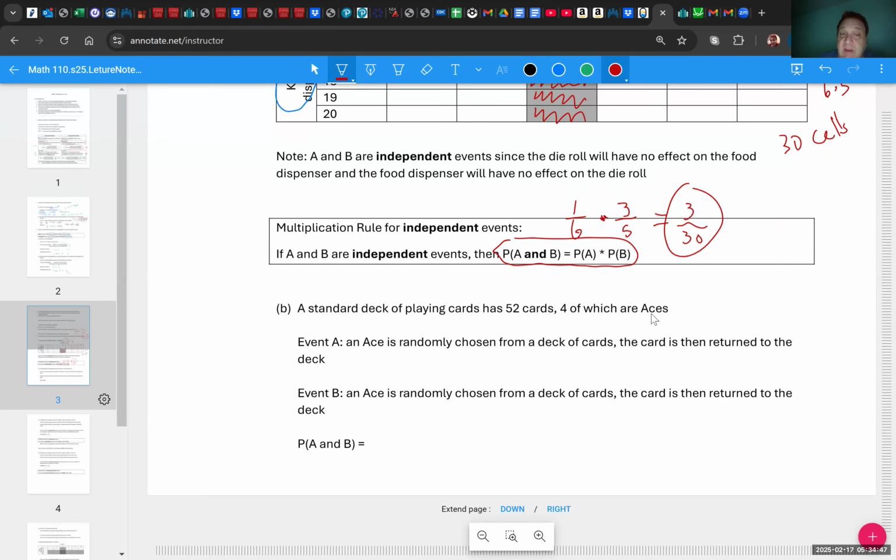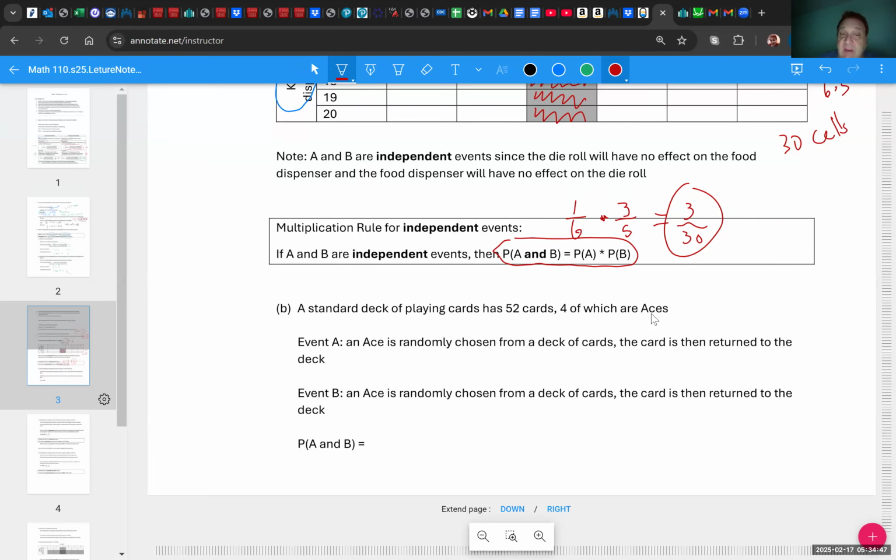So are these events independent or dependent? Well, event A, I'm going to choose a card, and it's an ace, and I'm going to return it to the deck. Does this deck still have 52 cards? It does, because I returned that card back. Does it still have 4 aces? Yes, it does, because I returned that ace back to the deck.